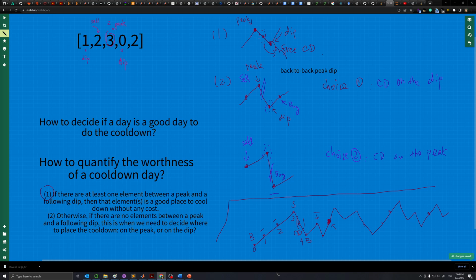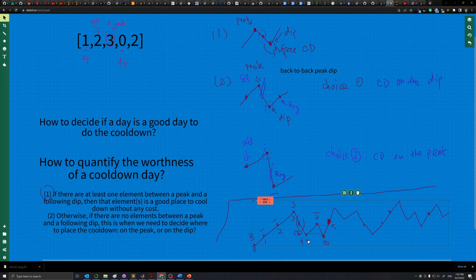But then, maybe if this price here is lower than this price here, right? If that's the case, then maybe instead of buying here, we don't want to buy here. Maybe we buy here instead, and we don't buy in the previous dip.